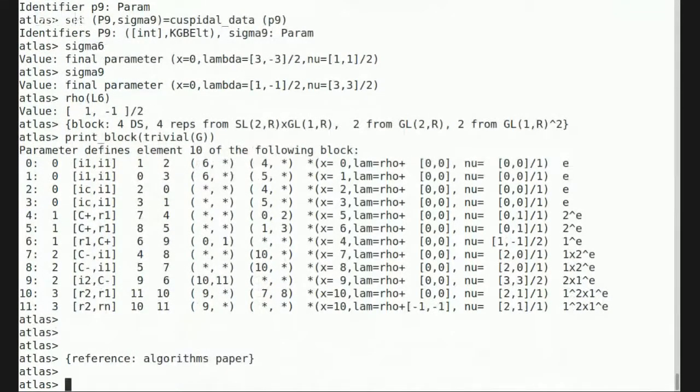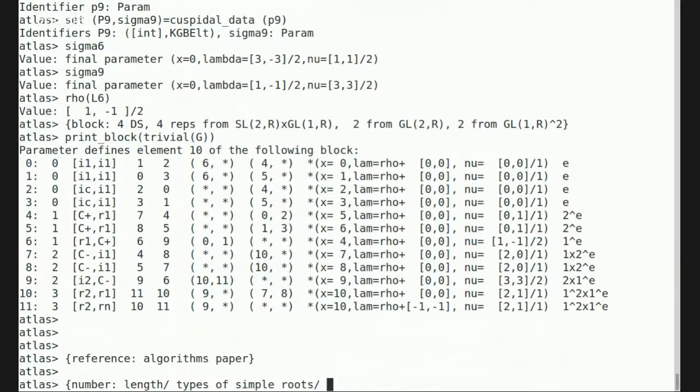And well, maybe I'll write here what these columns are. There's the number of the representation. There's the length. There's the types of simple roots. Length, types of simple roots.